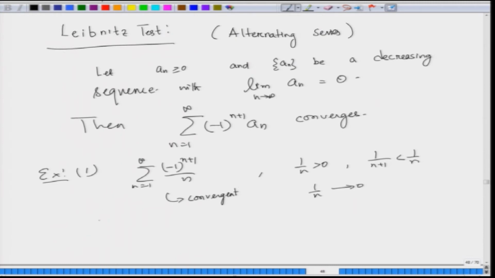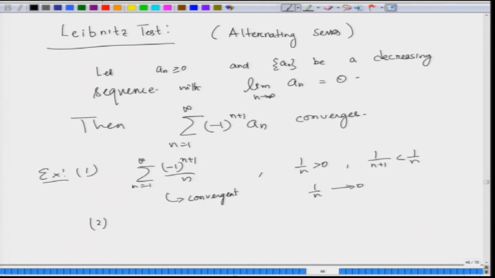Now, any alternating series, we should not apply the test blindly just because they are alternating in sign. We need to understand that there are two conditions. One is that A n is decreasing, and the second condition is that limit of A n goes to 0.